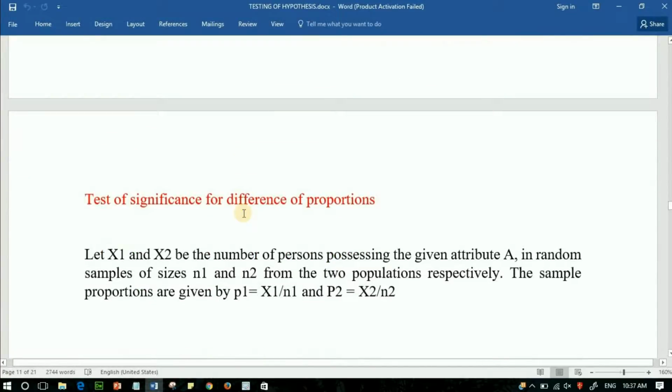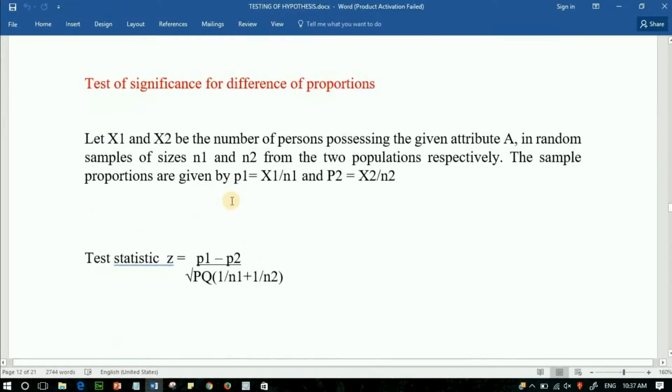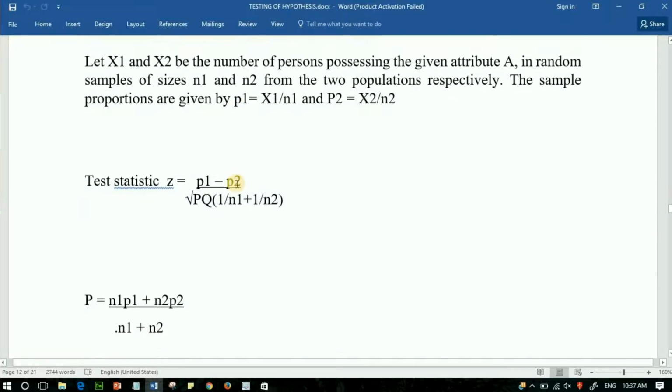Then the second case, test of significance of difference between two proportions. Here we are considering two proportions. Let x1 and x2 be the number of persons possessing the given attribute A in random samples of sizes n1 and n2 from the two populations respectively. The sample proportions are given by p1 is equal to x1 by n1 and p2 is equal to x2 by n2.